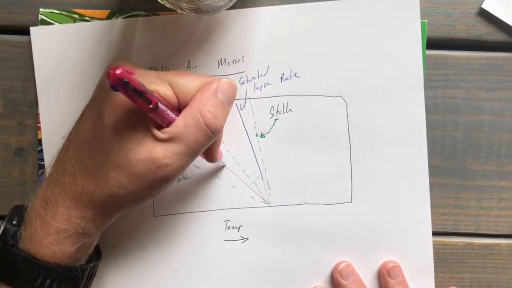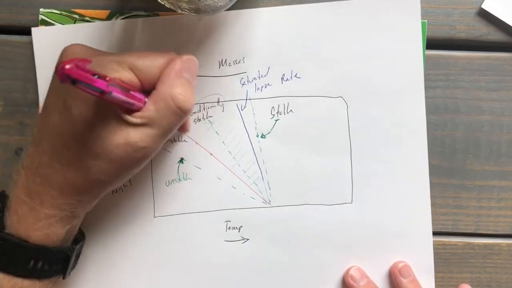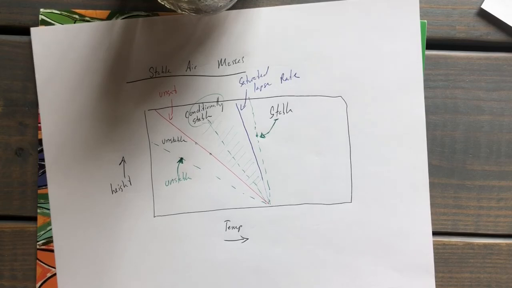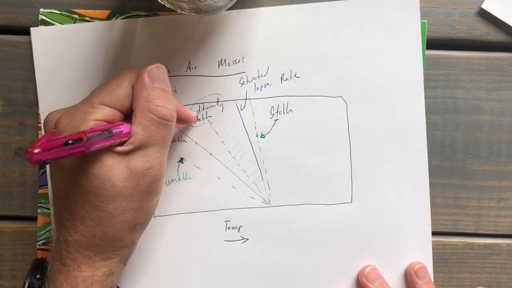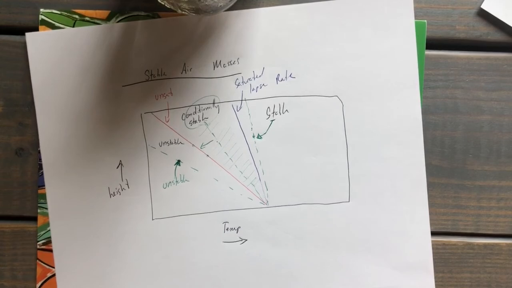Within this scenario, specifically along this green dashed line, the reason it's conditionally stable has everything to do with whether or not the air is saturated or unsaturated with respect to water vapor. If this rising air is unsaturated, it's going to be stable because it's going to be cooler than the surrounding air mass, and so it's not going to want to rise.